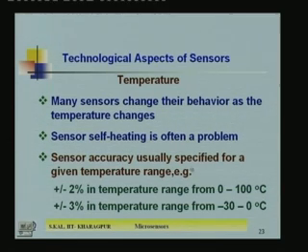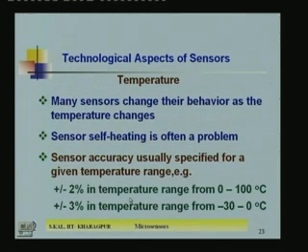Sensor accuracy is usually specified for a given temperature range. For example, for 0 to 100 degree centigrade temperature range, there may be plus minus 2% variation. Similarly, minus 30 to 0 degree, plus minus 3% variation is there.